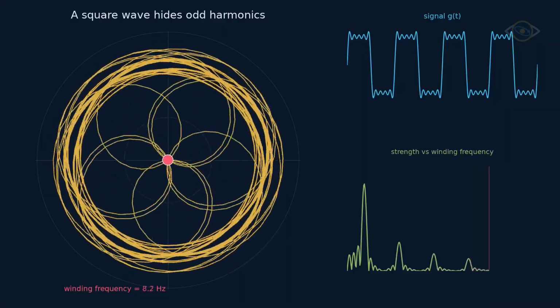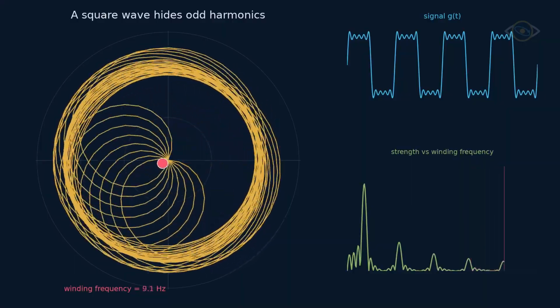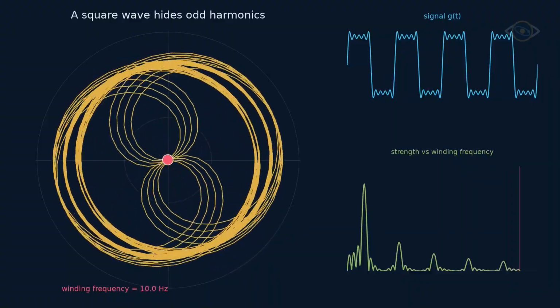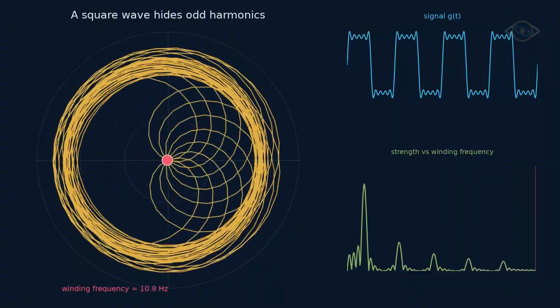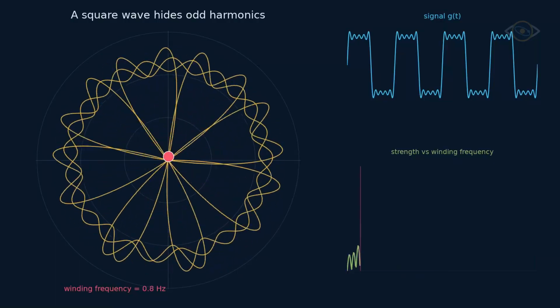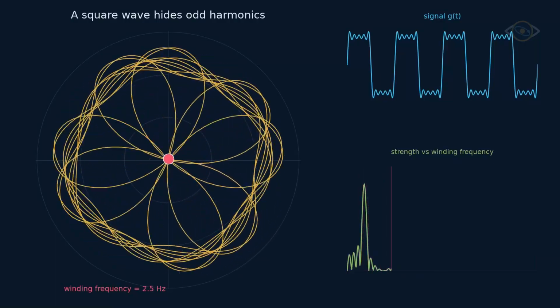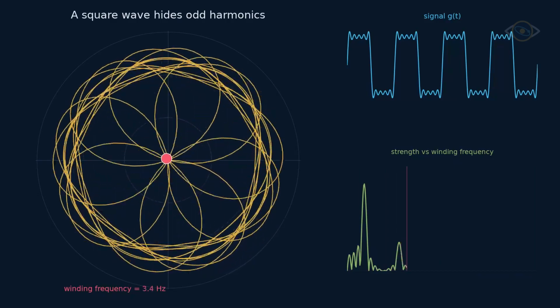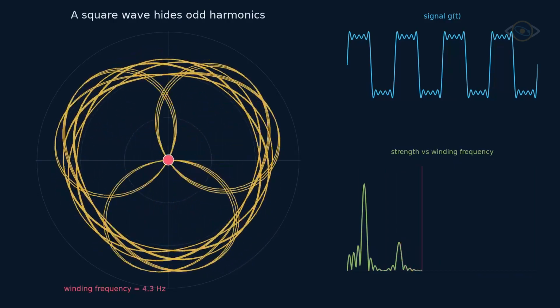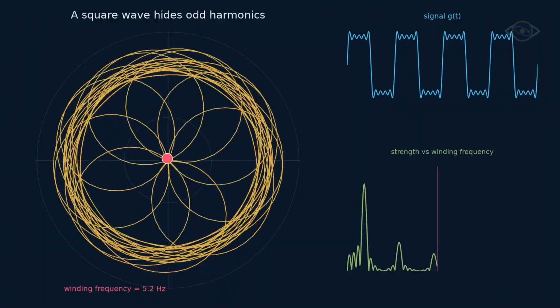Wind it, and peaks appear at exactly those odd harmonics, fading as they climb. The sharp corners of the wave live entirely in the high frequencies. So the crispness of an edge is really a chorus of high notes hiding inside it.